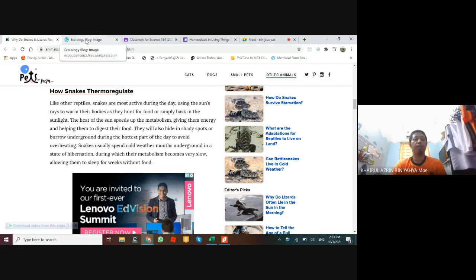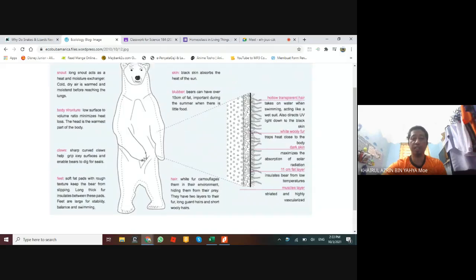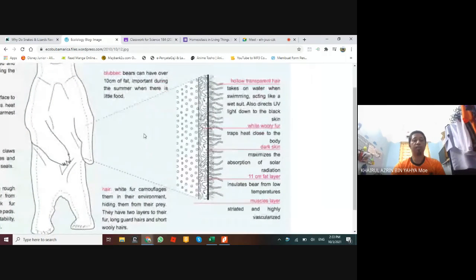How about the polar bear? This is an example of a polar bear, white colour. Polar bears have very thick skin. We focus on this one, the skin of the polar bear. This is the hollow transparent hair, the bulu yang tebal. It takes on water when swimming, acting like a wet suit, and also directs UV light down to the black skin.